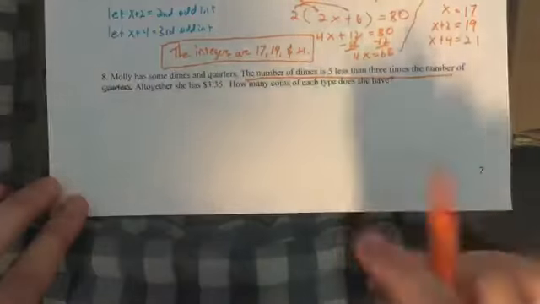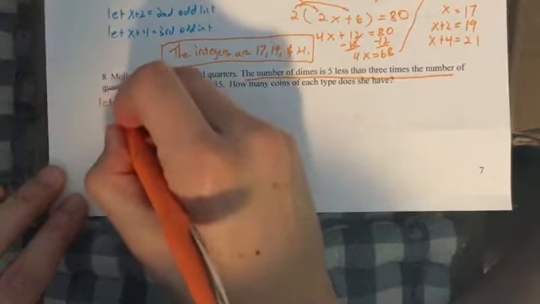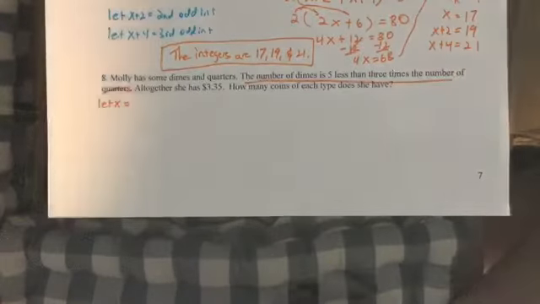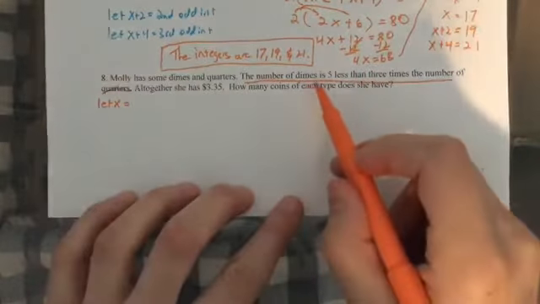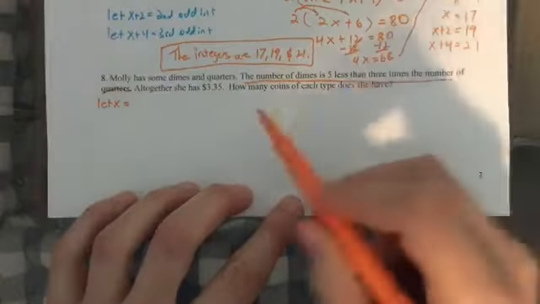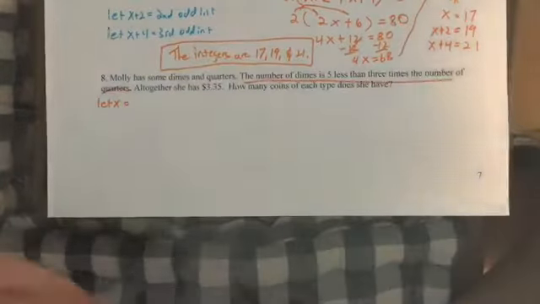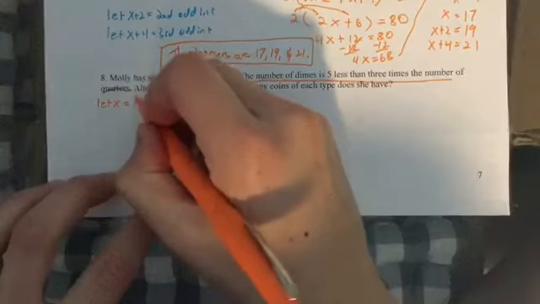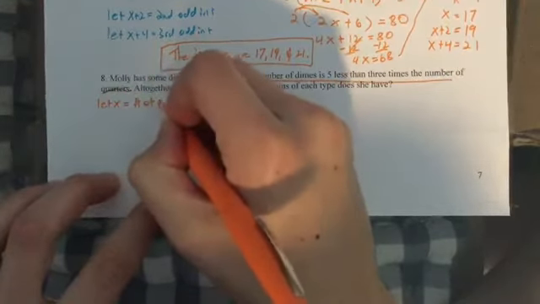So we always have a let X, and we're going to let X be the coin we have less information about. That's a big descriptor for dimes, so we have less information about quarters. So we're going to say let X be the number of quarters.